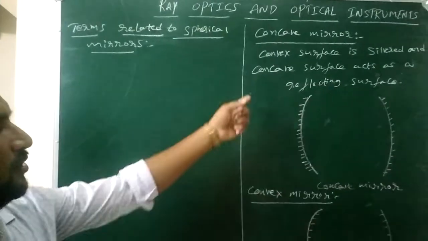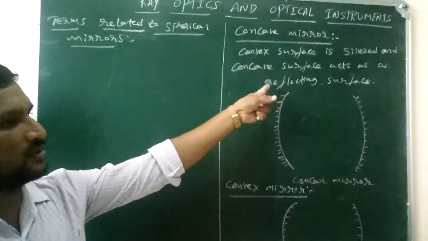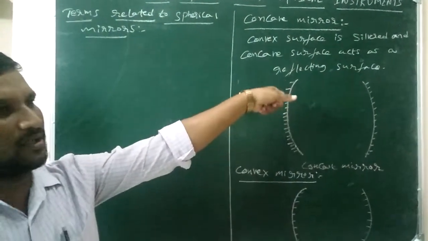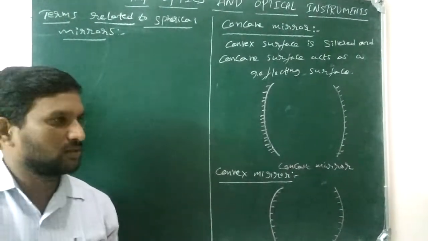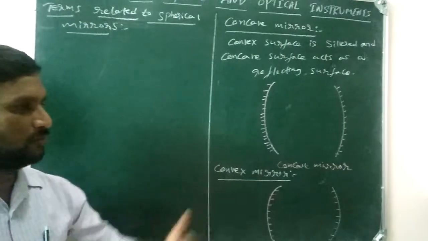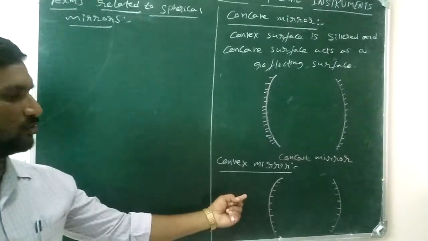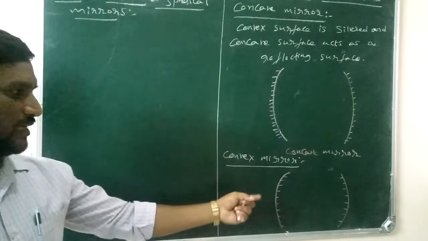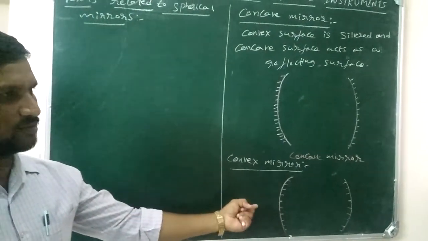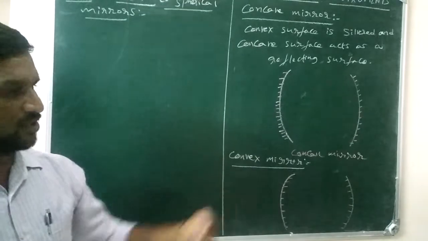Now, examples for the concave mirror: ENT specialists use it to see the inner parts of the human body. And the convex mirror, you already know very well, is the rear view mirror, which can be used to see objects from distant places. ATM centers also use convex mirrors, and solar cookers, etc.